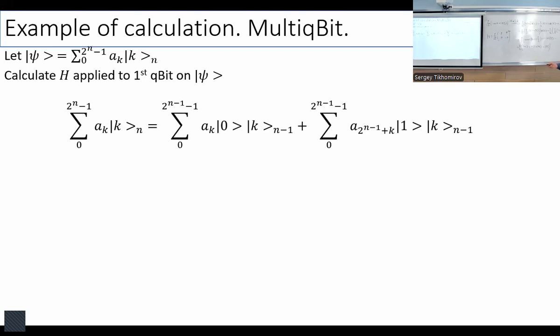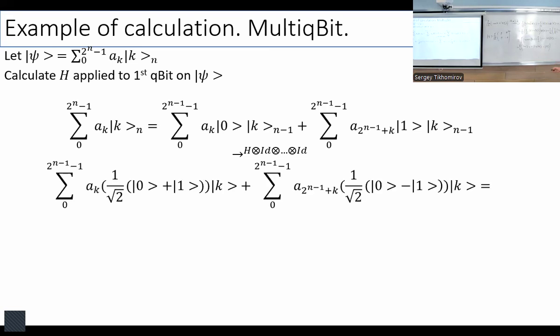The first corresponds to 0 k on n minus 1 qubits, and the second corresponds to 1 k on n minus 1 qubits. Now I want to apply H tensor identity, and it is represented in a form such that I can apply H to the first qubit in each term, so there is no need for further decomposition.